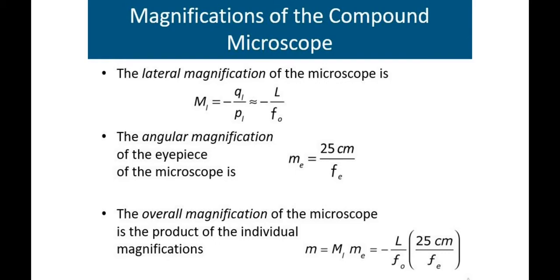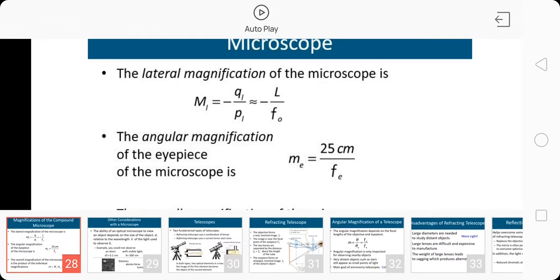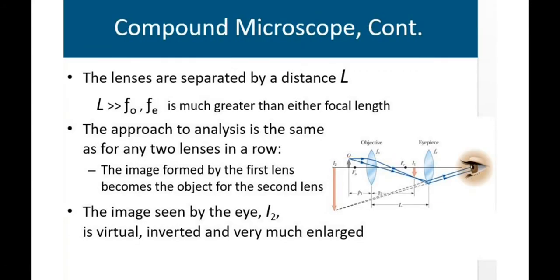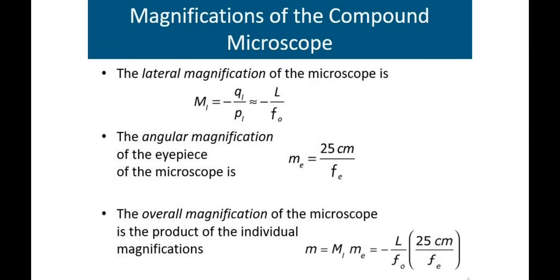Together we can calculate the overall magnification of the microscope as the product of the individual magnifications. It is L, where L is the distance between the lenses, divided by the focal length of the objective lens, and then 25 centimeters divided by the focal length of the eyepiece.